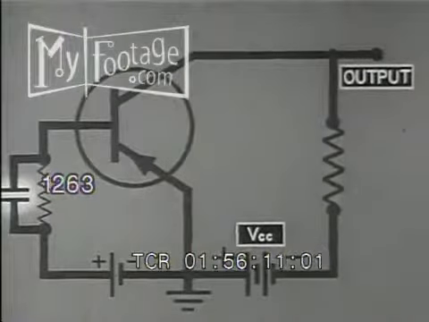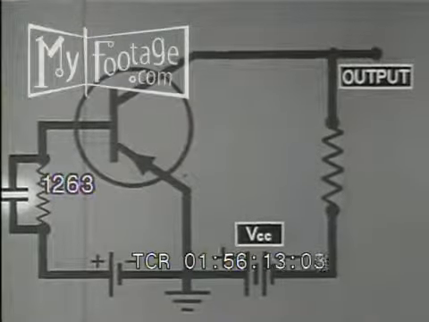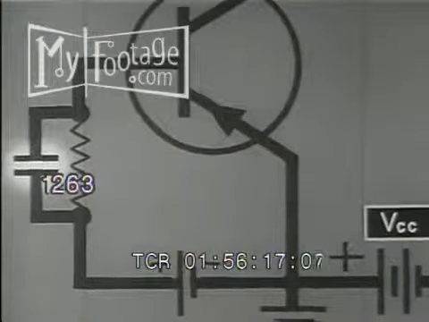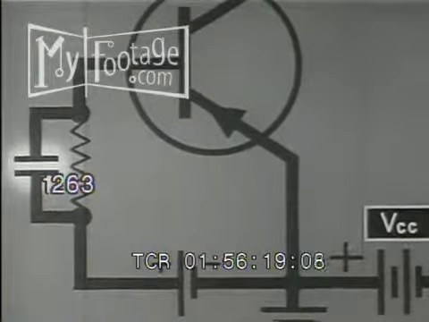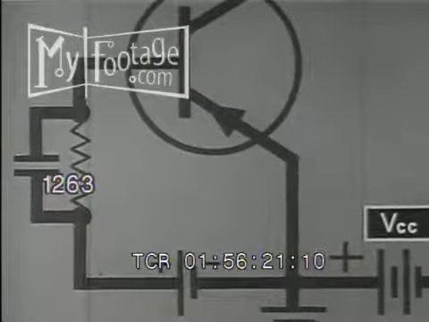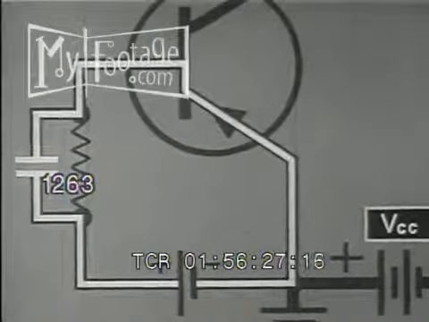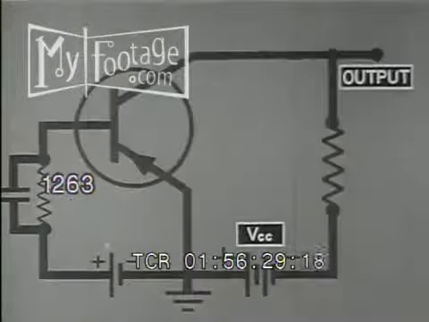The capacitor functions to make the switch respond quickly when turned on. It's a low impedance path for the rising input current, so it momentarily bypasses the input resistor to provide a large starting current.